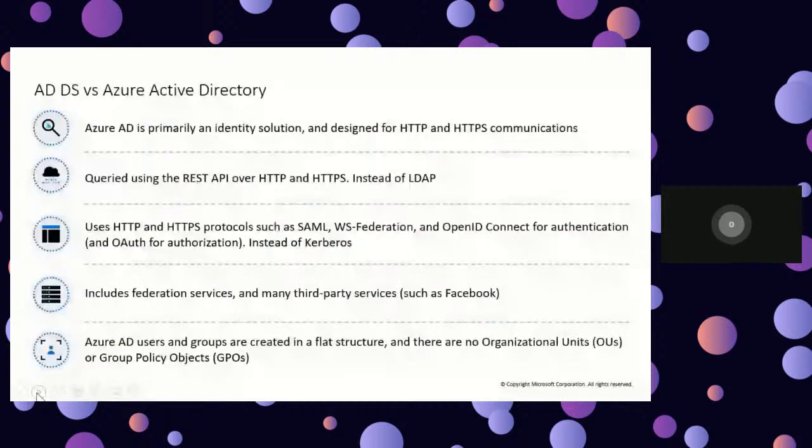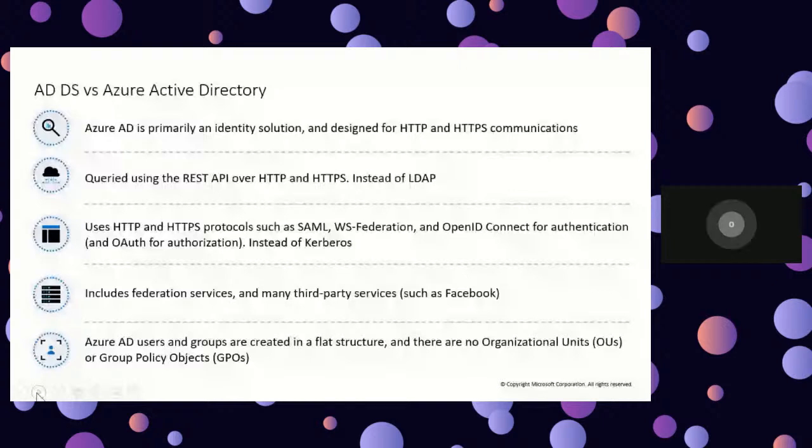Now let's look at a comparison. I told you when I started that the digital estate has moved from what we know as the on-premises situation to the cloud situation. On-premises, we use what we call Active Directory Domain Services. But for the cloud, we use what we call Azure Active Directory. Under Azure Active Directory, Azure AD is the main solution for identity, but for on-prem, you use AD.